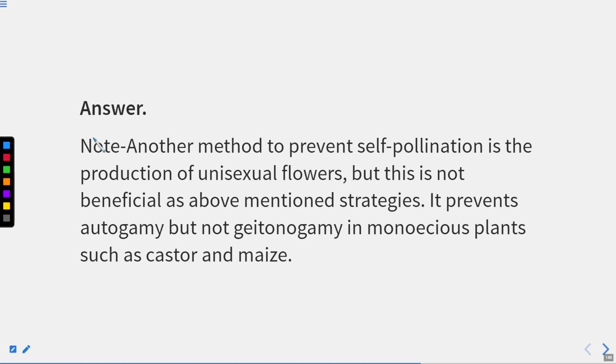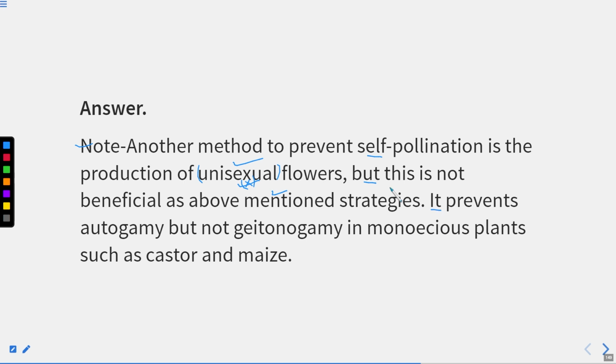Now, here is a note I have given. Another method to prevent self-pollination is the production of unisexual flowers. If unisexual flowers are produced, obviously there will be no self-pollination. Unisexual flowers consist of either the male reproductive organ or the female reproductive organ, so this will also promote cross-pollination. But this is not as beneficial as the above-mentioned strategies; this is the least beneficial one.